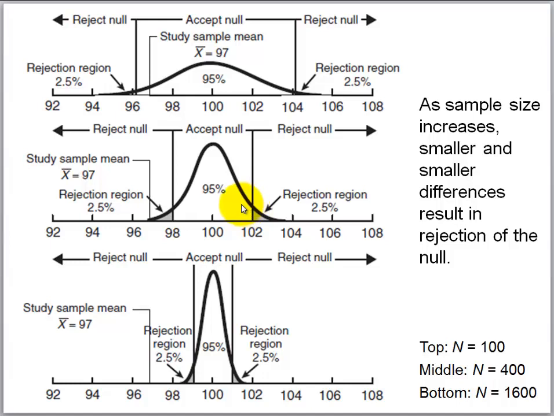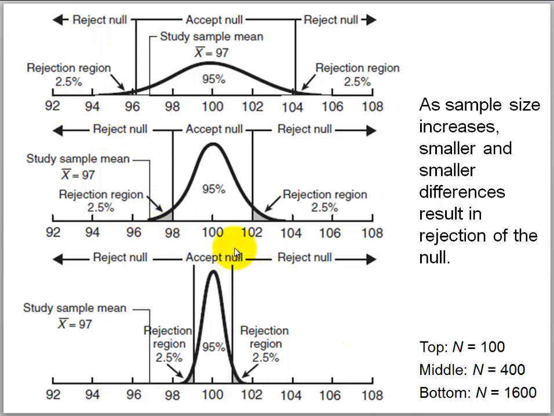So the sampling distribution now has become a narrower one. Let's go ahead and look at our study sample result. Our study sample result is a 97. In this middle diagram, the 97 is indeed in a rejection region. It's pretty darn far off in the tail of the rejection region on the negative side of the distribution.